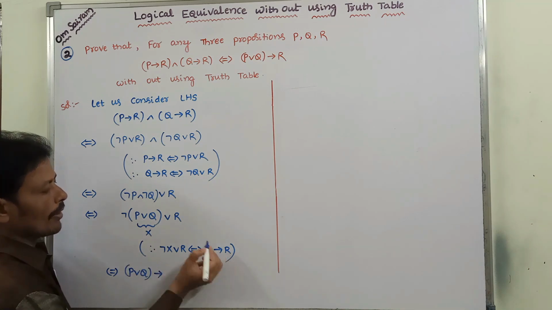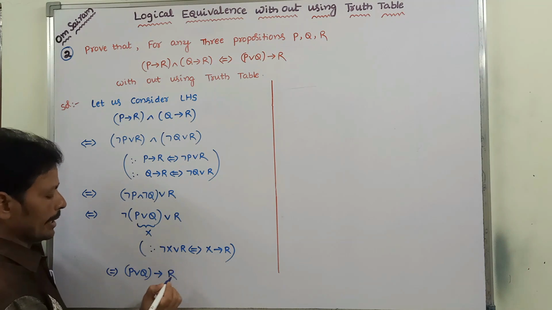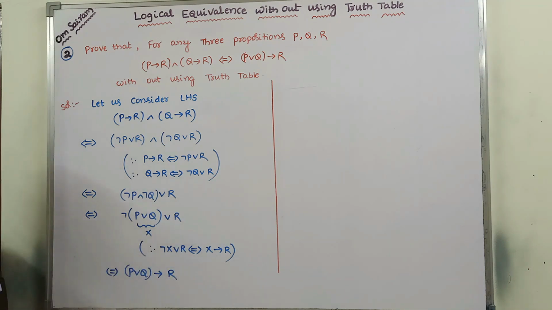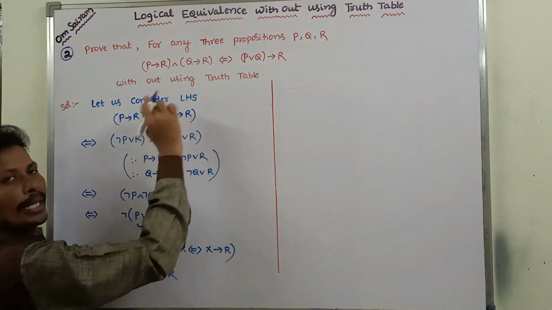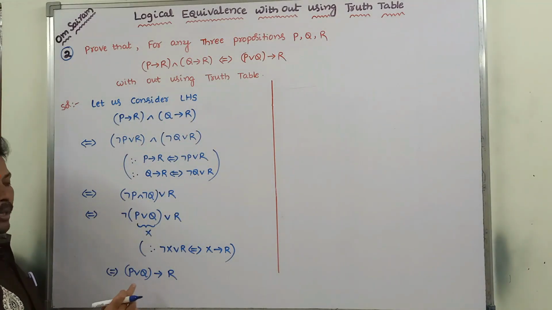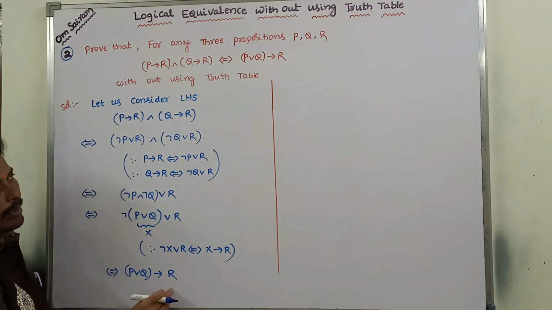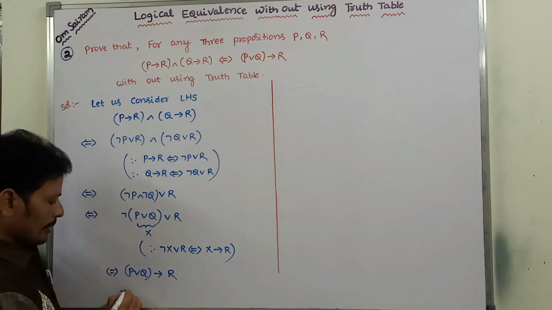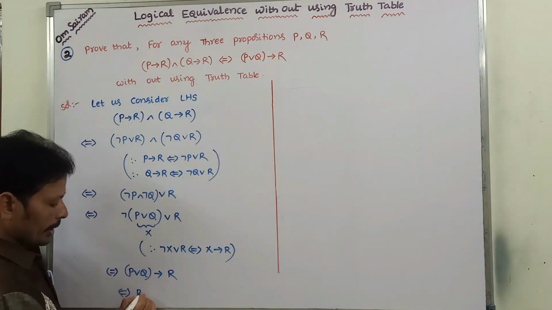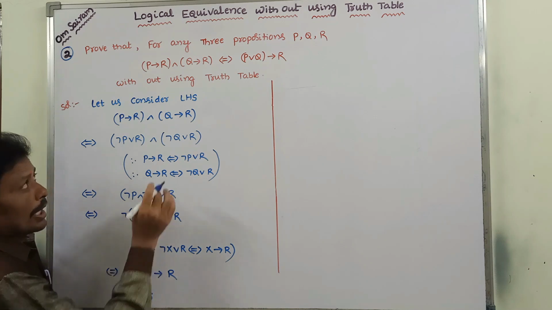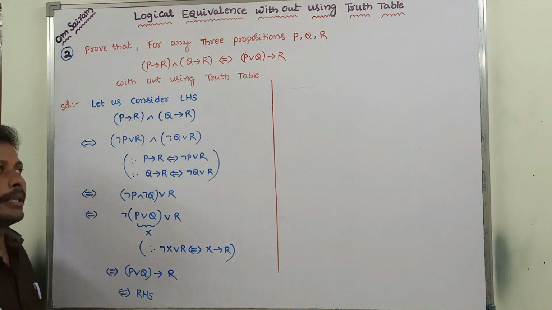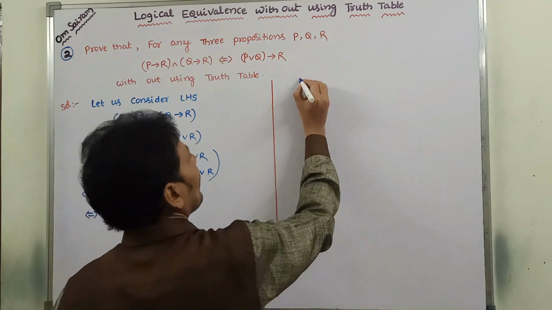In the place of R, only R is there. So P or Q conditional R. I am taking the LHS part, what are we getting? P or Q conditional R. This is the RHS. It is logically equivalent to RHS. We are taking the LHS, I am getting the RHS.